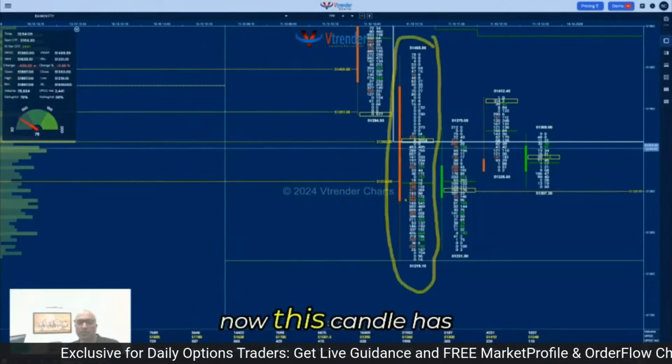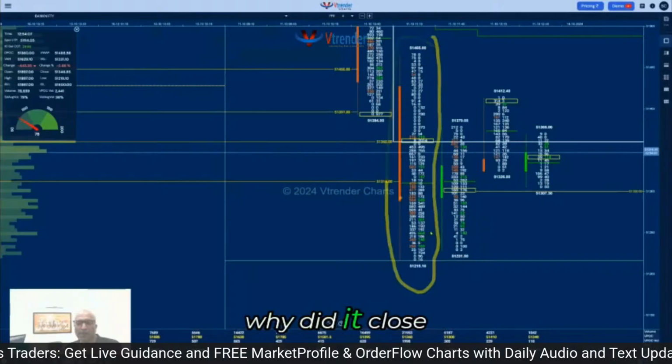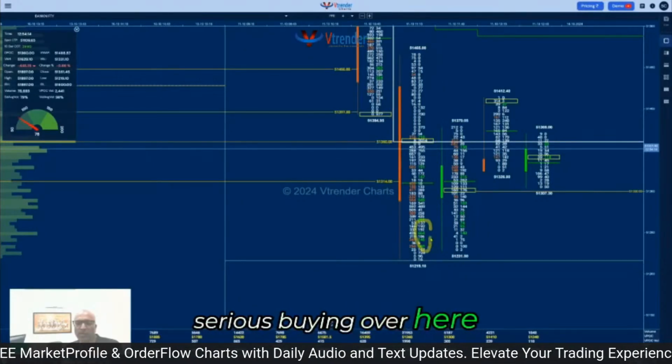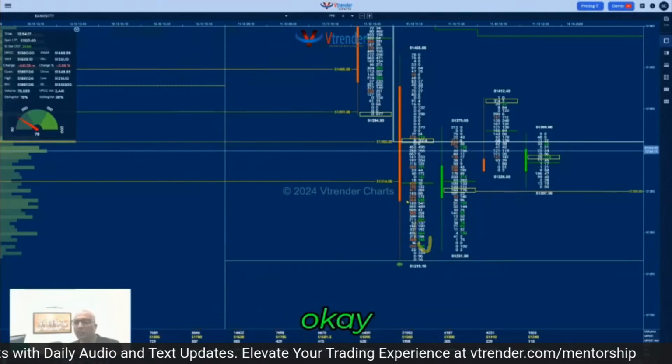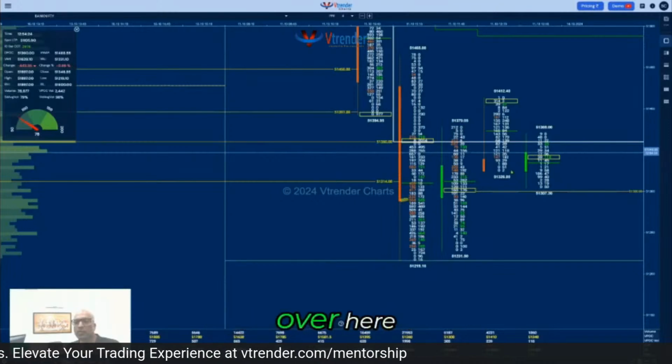Now this candle has closed over here at 11:15. Why did it close over here? Because it met a little bit of serious buying over here. Took it from the lows of 51,219 and placed it right here around this 51,275, 280 mark, right? The same thing over here.